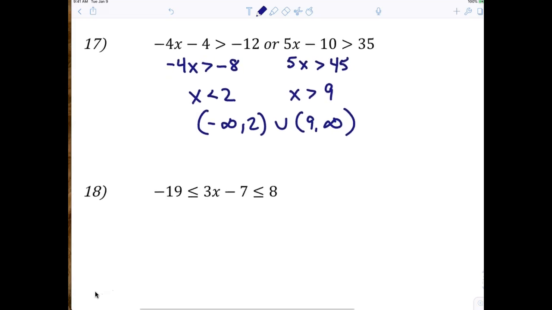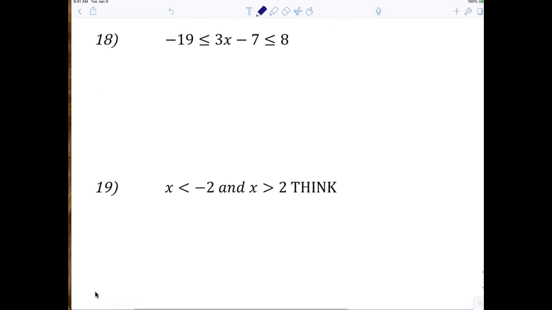All right, let's check out 18 now. What do I have to do on 18? Add 7. So now we have -12 and then I have 15. Now I have to what? Divide by 3.